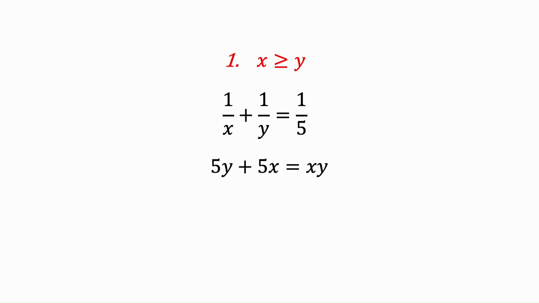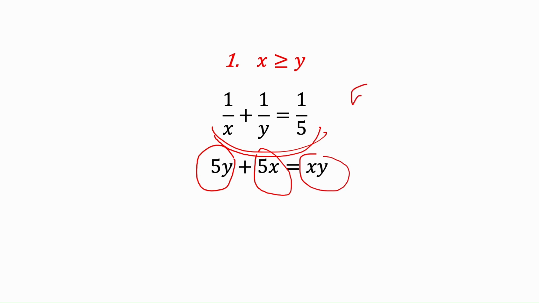Let's see if we can find the lower bound too. So this is our main equation. If we multiply both sides by 5xy, we will have 5y here, 5x here, and xy here.